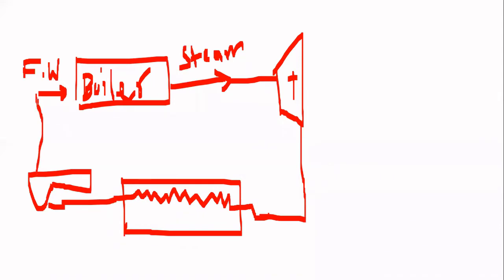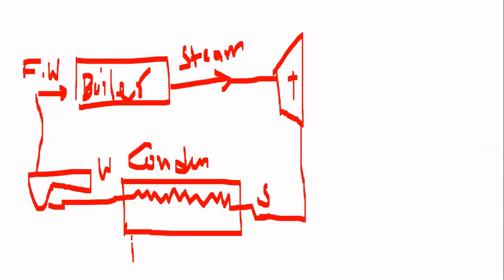Now in the condenser, what is going to happen? Here we have steam. This has to be converted into water. So we need to cool down the steam. This will have some enthalpy, and we need to take out heat from the fluid flowing there. For that, we might use some cooling water.